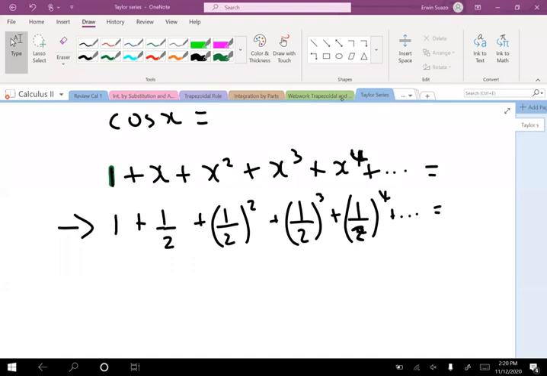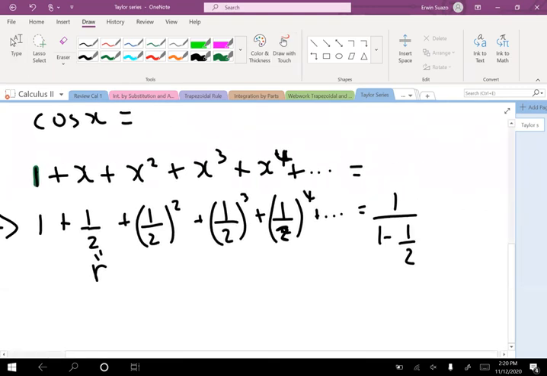So this is 1 over 1 minus 1 over half. And what is that? Because when we're doing geometric, r is 1/2. And if r is between 0 and 1, then that's the formula we have. Okay?